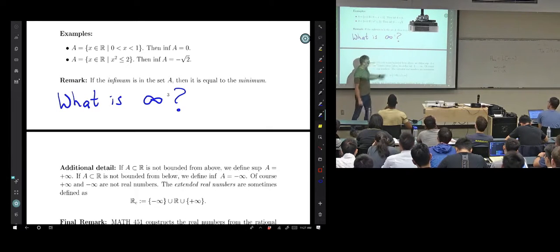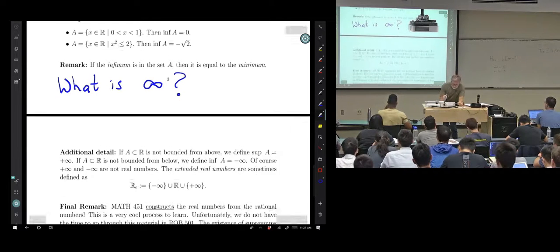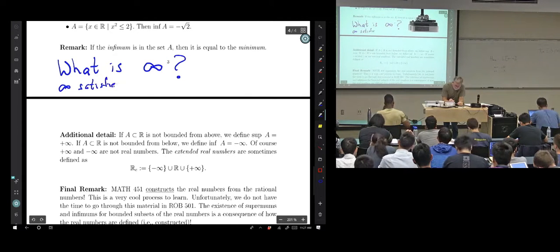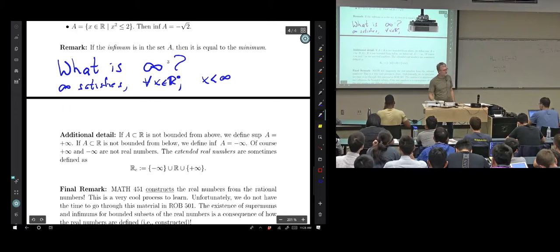So infinity is simply a symbol. Infinity satisfies: for every x in the reals, x is less than infinity.